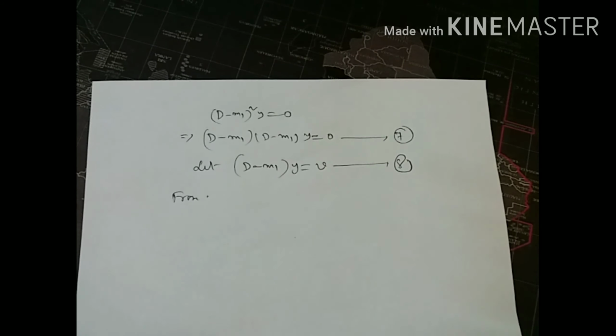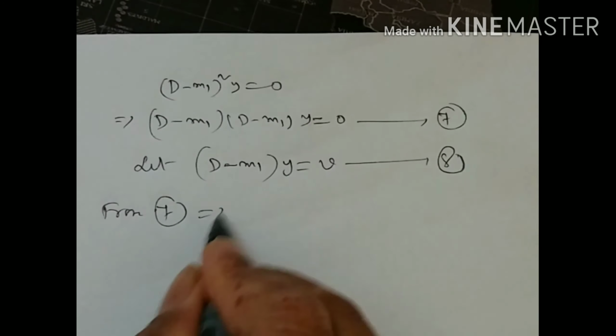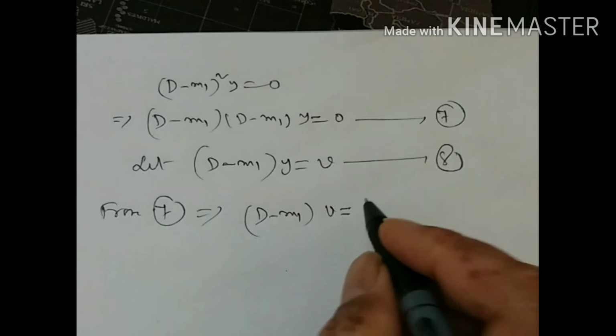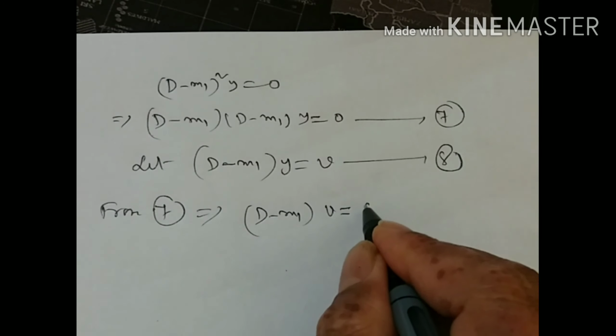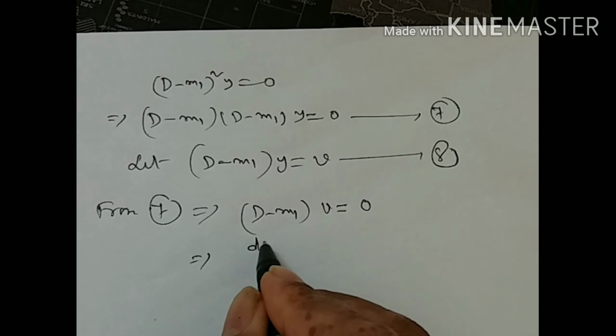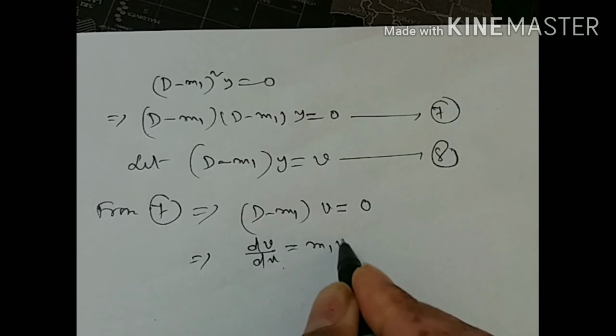From 7, putting these values, (D minus m1) v equals 0. So ultimately D stands for differentiation with respect to x, dv/dx equals m1 v.